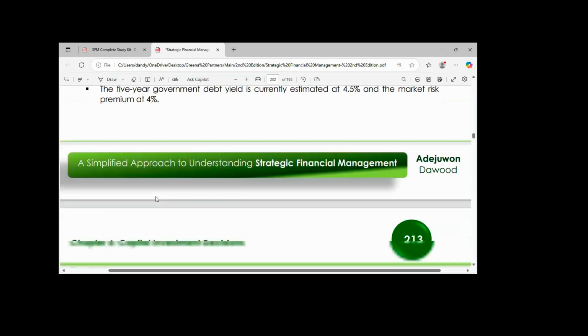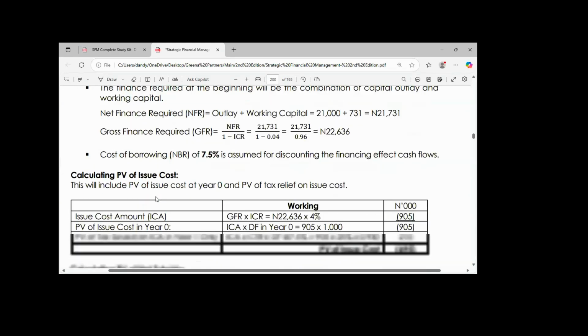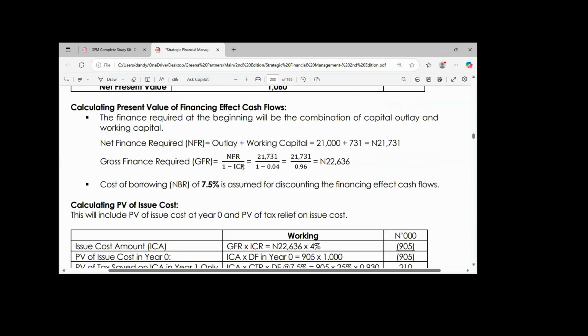So 1 minus 4% gives us 0.96. Therefore, 21,731 divided by 0.96 gives the gross finance required of 22,636. At this point, we are assuming we want to use the gross finance required, so we are not using the net finance required for cash flow from financing.